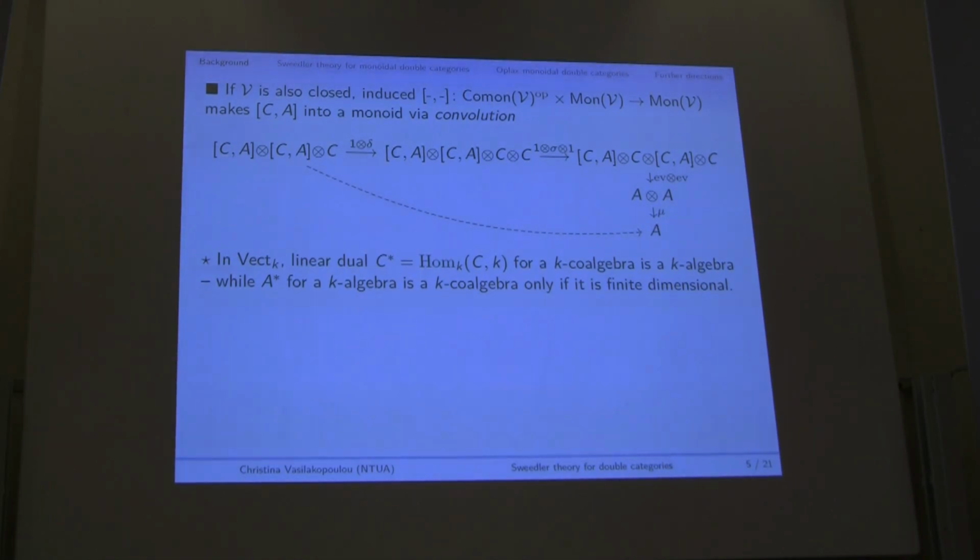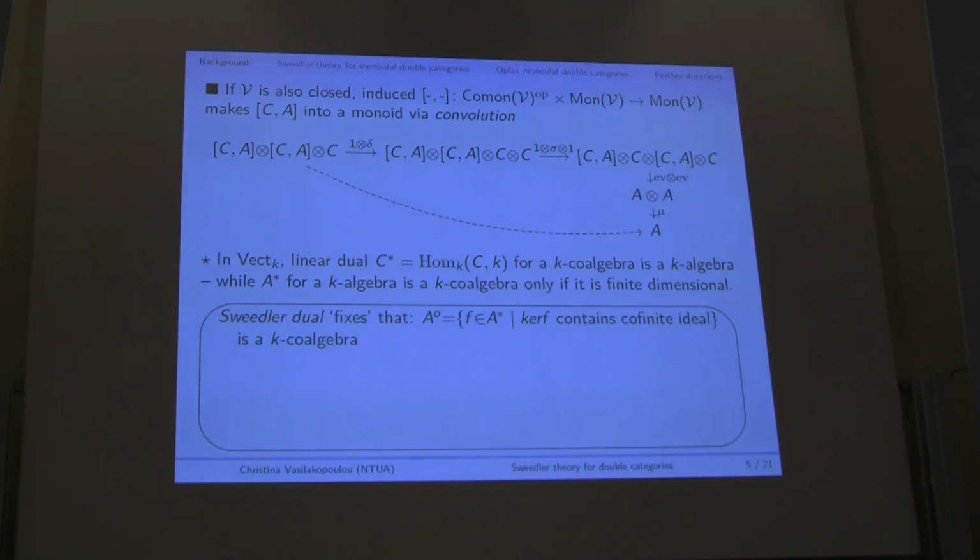So one way of fixing this asymmetry, if we want to view it that way, is the so-called Sweedler dual functor, or finite dual as it is sometimes called. So we can define a circle, which is a subspace of the linear dual, and it contains maps whose kernel has a co-finite ideal, so the quotient space is finite dimensional.